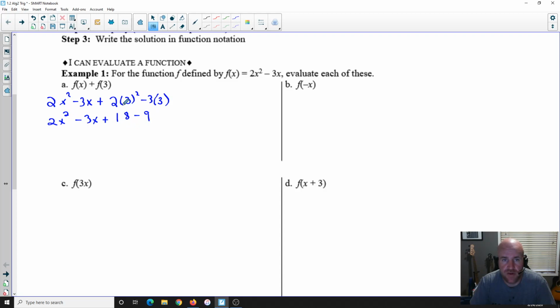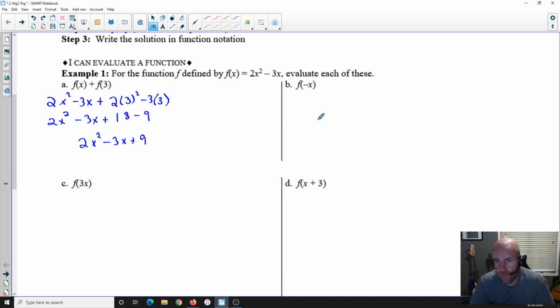Then we simplify the 18 minus 9, and we get a final answer, equivalent to the beginning problem, f of x plus f of 3. So 2x squared minus 3x, and then 18 minus 9 would be 9. So this is the new function.